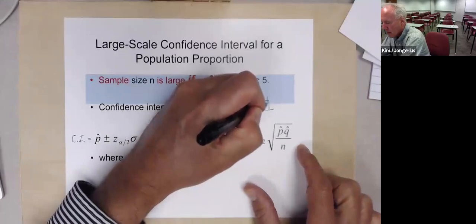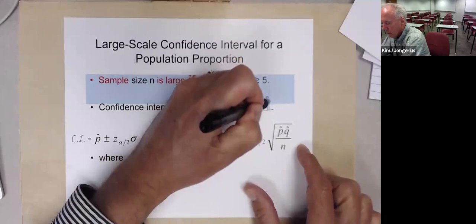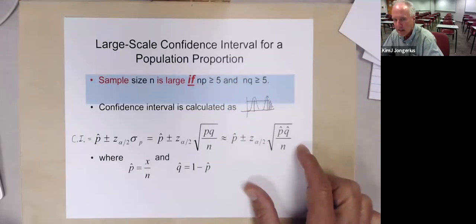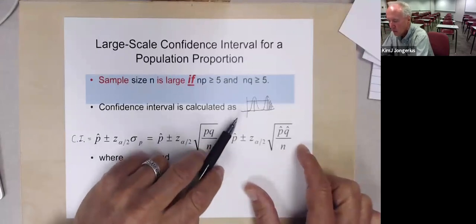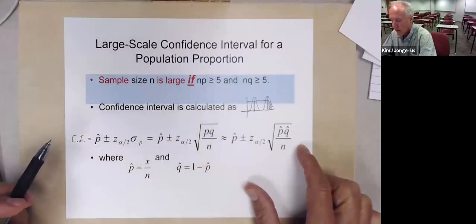For example, if P was way over here, notice that the central limit theorem would have part of that normal curve missing. That's why we would not be able to use the central limit theorem properties if these two conditions are not satisfied.